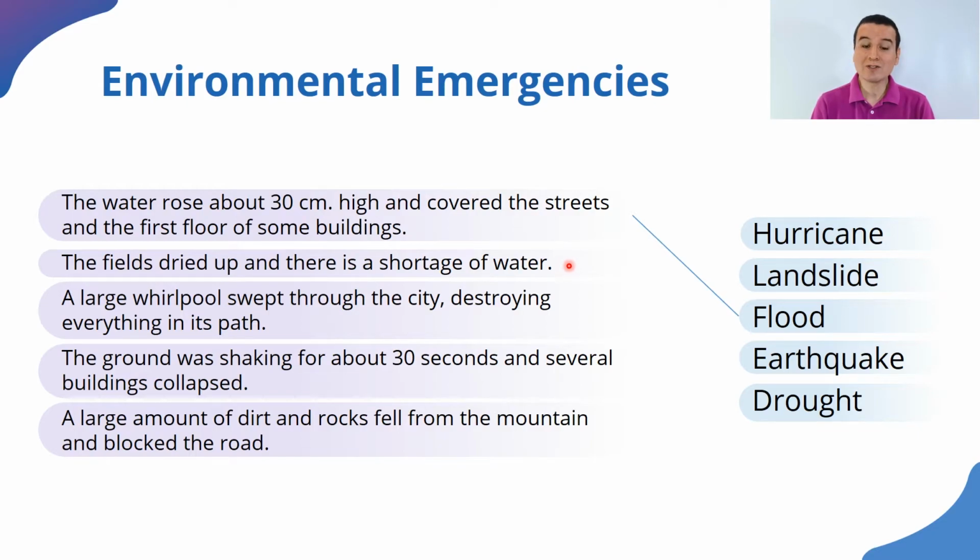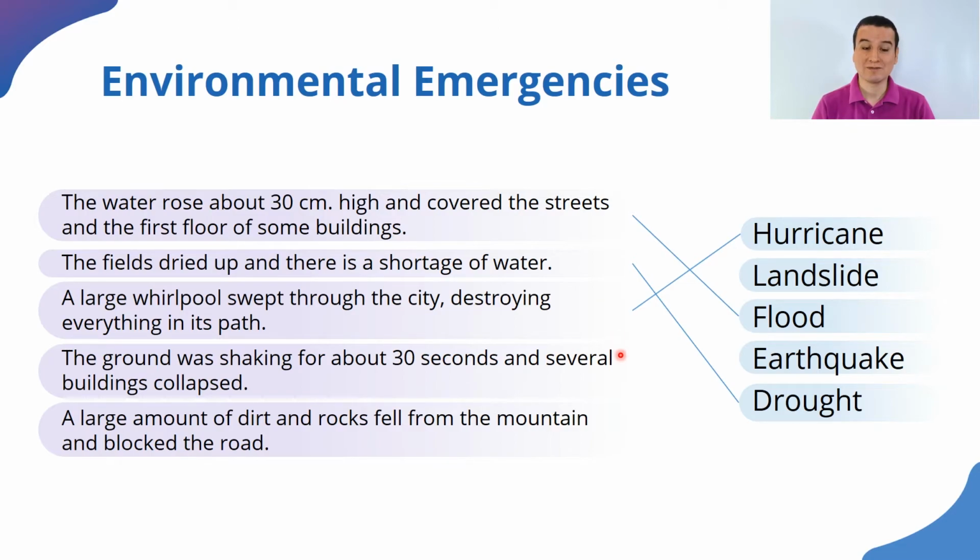Now, the fields dried up and there is a shortage of water. So all the fields are dry and there is not enough water. So that is a drought. Yes? Next, a large whirlpool swept through the city, destroying everything in its path. That is a hurricane. Good?